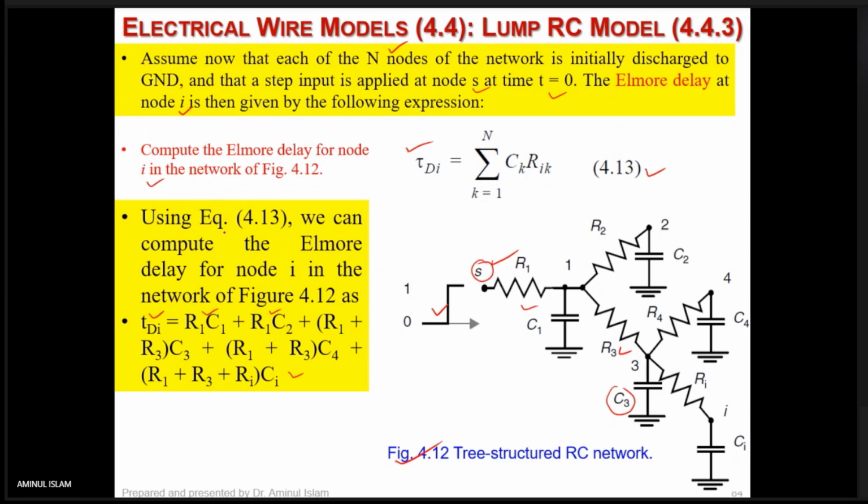Using equation 4.13, we can compute the Elmore delay for the node i in the network as tau Di equals R1C1 plus R1 C2 plus (R1 plus R2) C3 plus (R1 plus R3) C4 plus (R1 plus R3 plus Ri) Ci. Okay, using this you can compute the delay of node i.